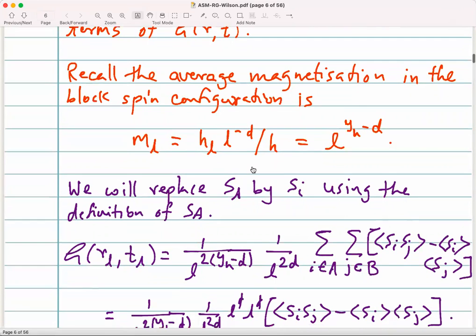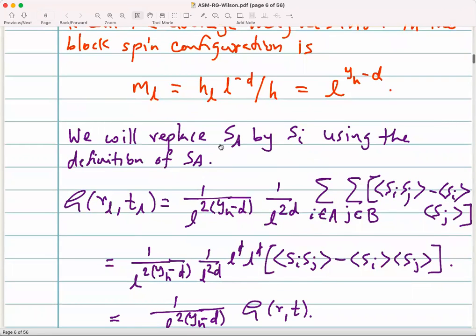Okay. So we can use this and replace SA inside the block spin 2-point function by SI, and we know how SA and SI are related. Take those factors and you get a term which is 1 over L to the 2 times YH minus D, 2 because we are doing a 2-point function. Then 1 over L to the 2D is a normalization for the spin sums. And now you replace SA and SB by SI and SJ.